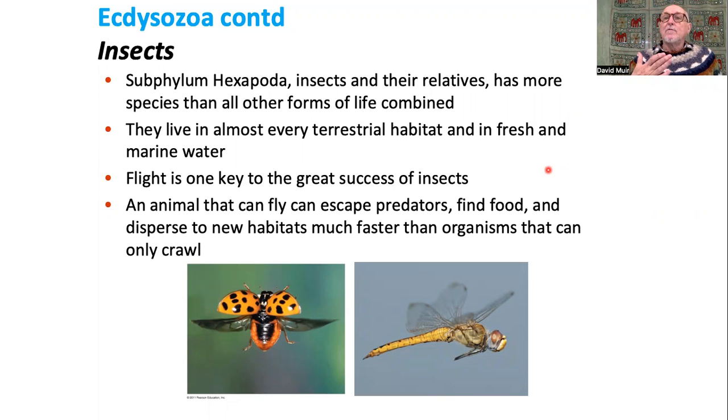They can move from one place to another very easily, quite apart from the fact that they can escape predators, they can find food, and they can find mates more easily if they can fly. So the adoption of flight is really tremendously important, and one of the things which has contributed most significantly to the success of the insects.